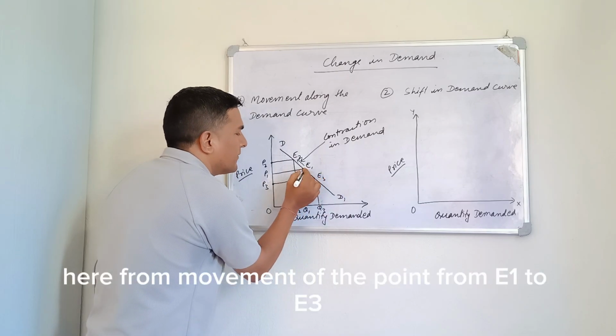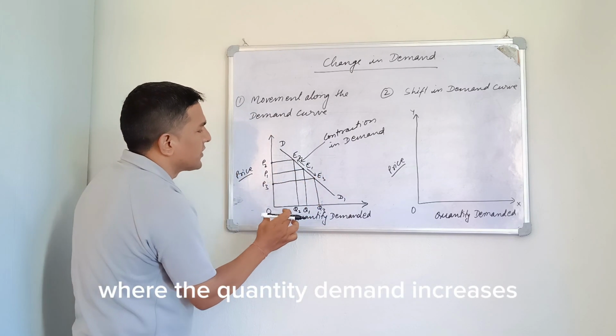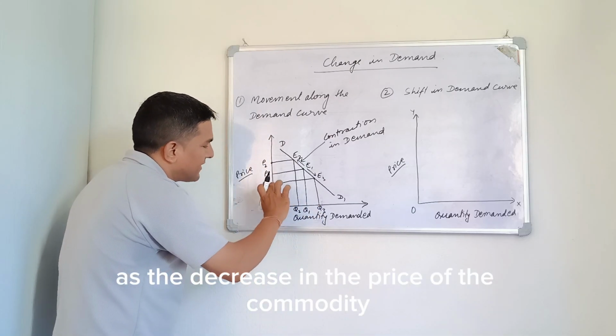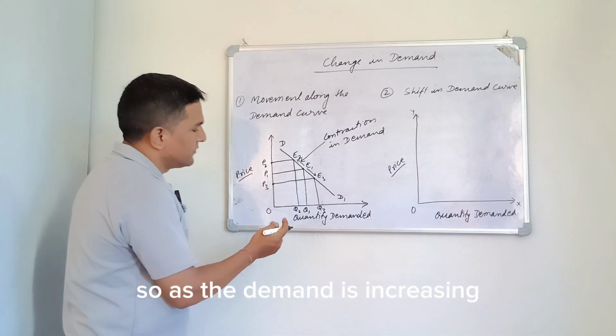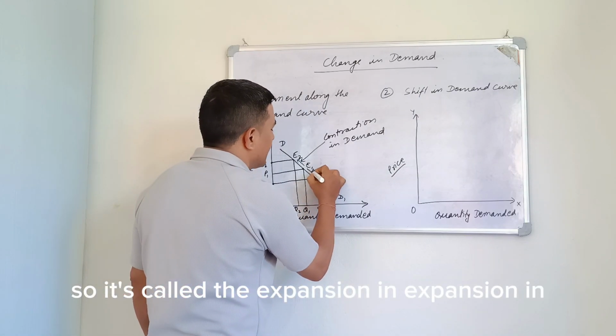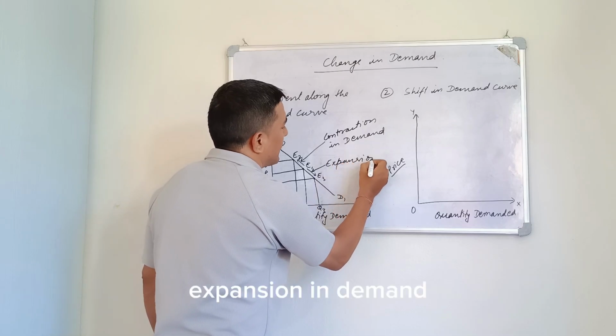From the movement of the point from E1 to E3, the quantity demanded increases as the price of the commodity decreases. As the demand is increasing, it's called the expansion in demand.